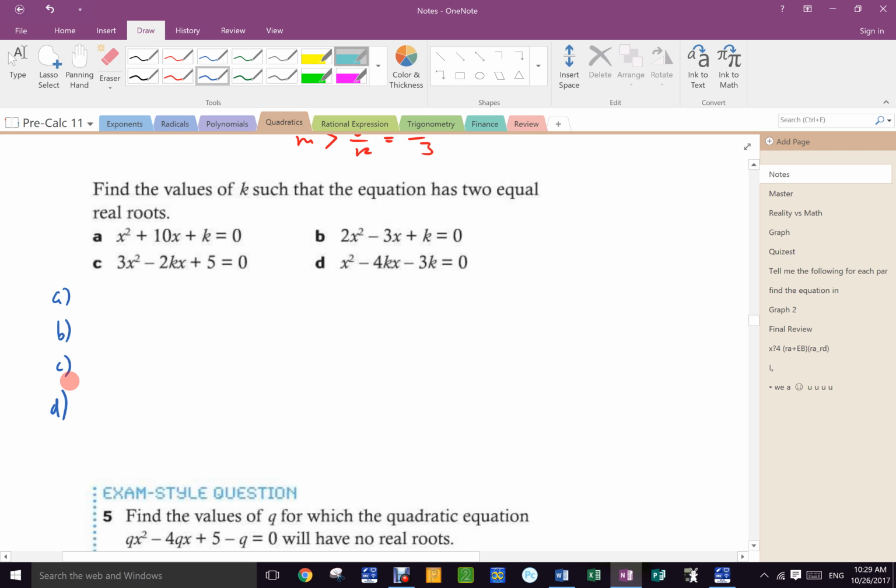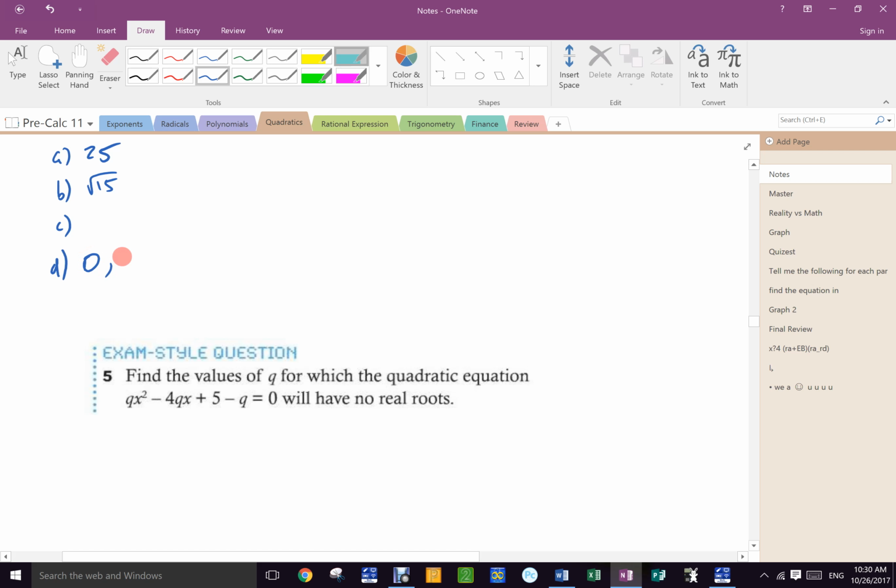A was 25. B was the square root of 15. C was... I don't have an answer for C, so I'll have to do that question. And D was either 0 or negative 3/4.